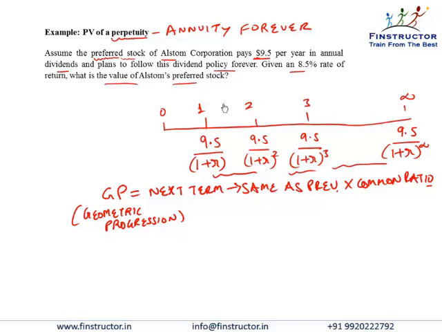The set of cash flows from t equal to 1 to infinity that we see. If yes, what is the common ratio? So we can verify that each term is the same as the previous term multiplied by 1 upon 1 plus r. The second term is the first multiplied by 1 upon 1 plus r, so on for each subsequent term.